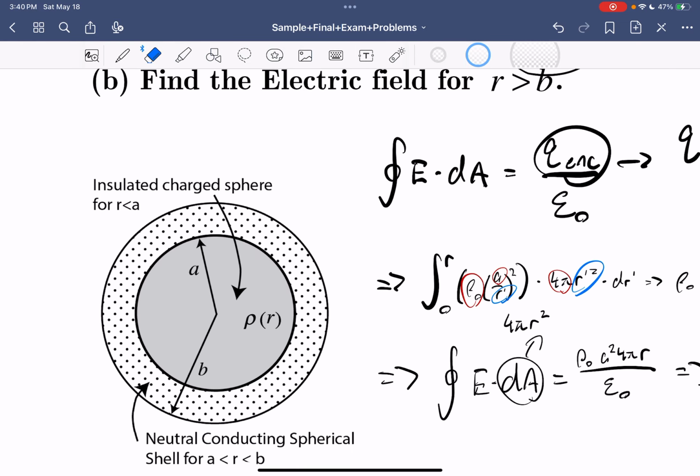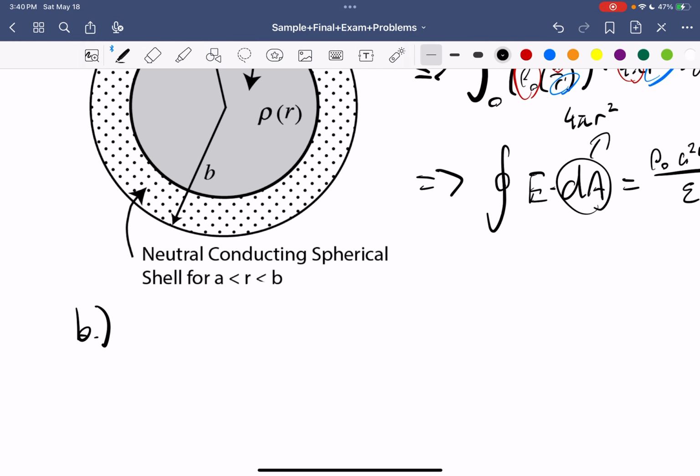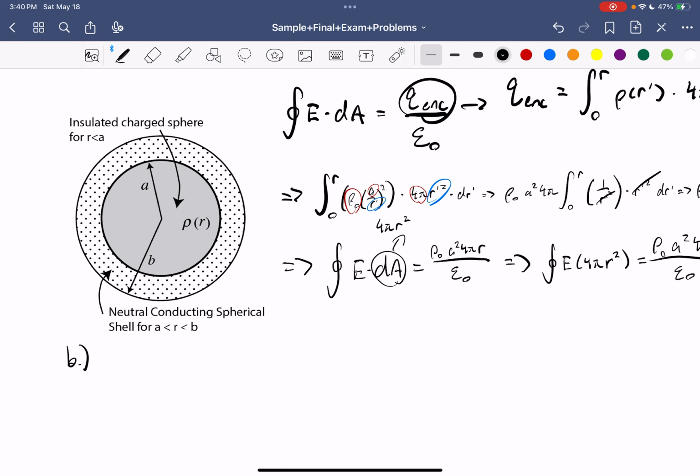So now what we can do here is to assume that r is an arbitrary point outside of the spherical charge. Considering that the electric charge in this region is 0, all we need to do is find the charge from 0 to the a radius.